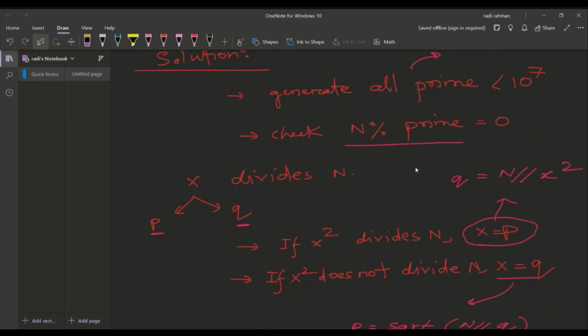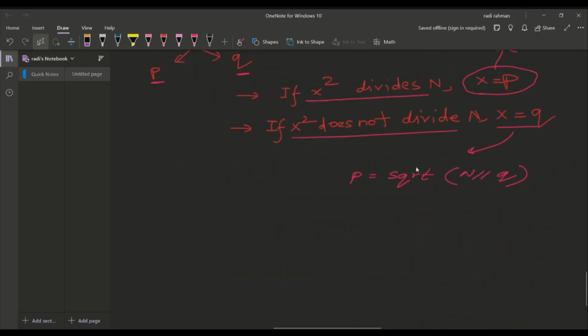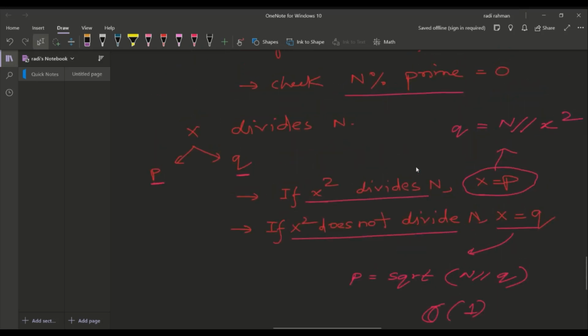You will give another check if x square divides n or not. So if x square divides n, that means your x is p, and if your x square does not divide n, that means your x is q. So if your x is p, then you will easily find out q by dividing n by x square. But if your x is q, then you can also find out p, and those two operations will require order of 1, right?